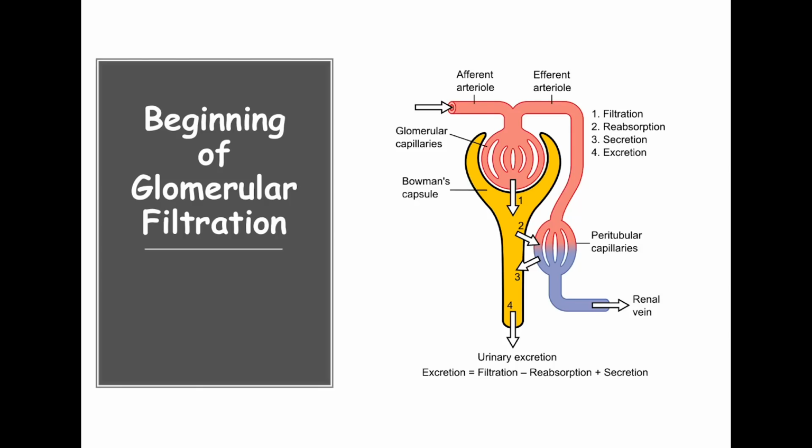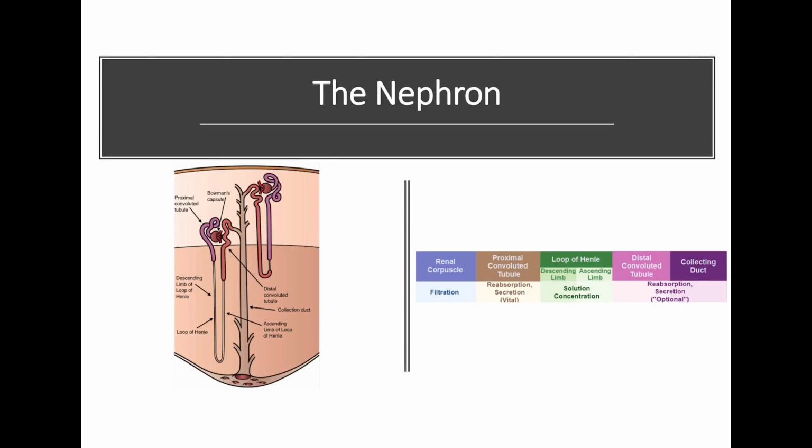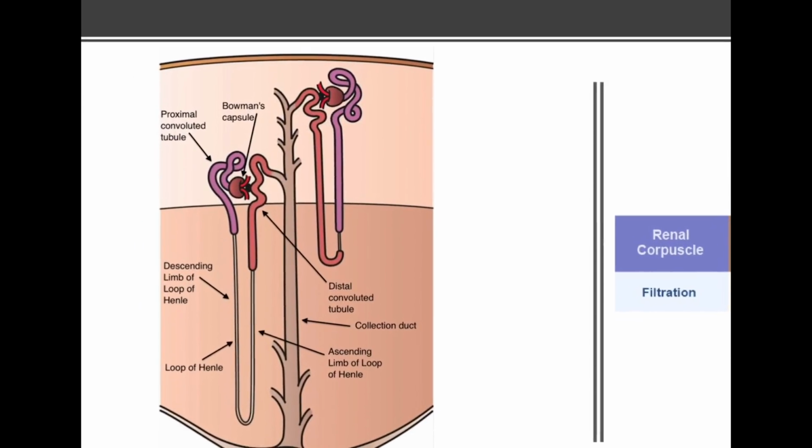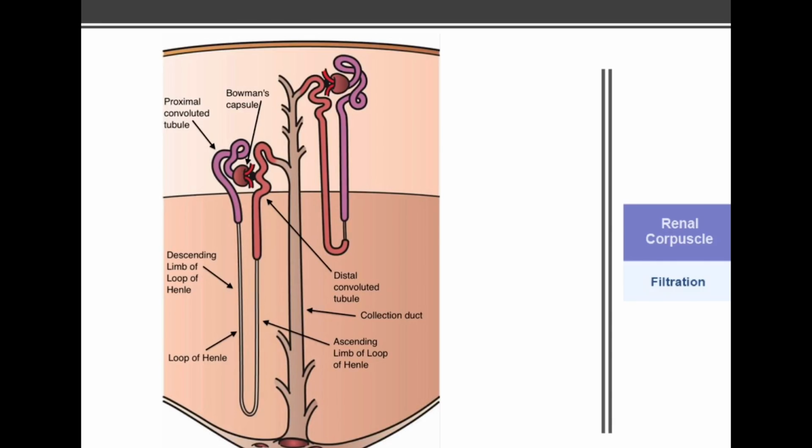So we've gone back to this basic structure of the nephron, and we've talked about how filtration occurs, how secretion can occur, reabsorption, and elimination. But let's look at the different structures that go in between those processes. So we have the glomerular capsule, and right below that is the proximal convoluted tubule.